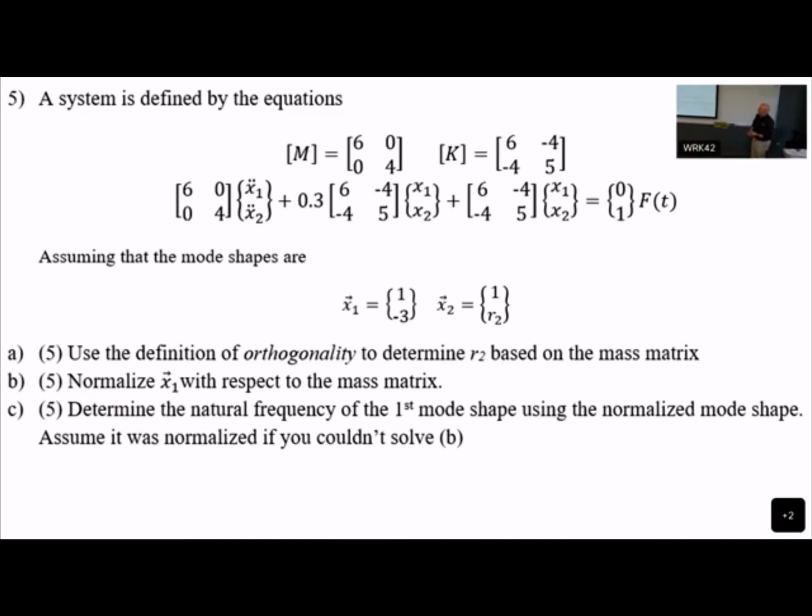And that will make you happy. And I realized I did this problem wrong when I did it in my office. So we'll have to do some calculations in real time. All right, so what do we have? Orthogonality.